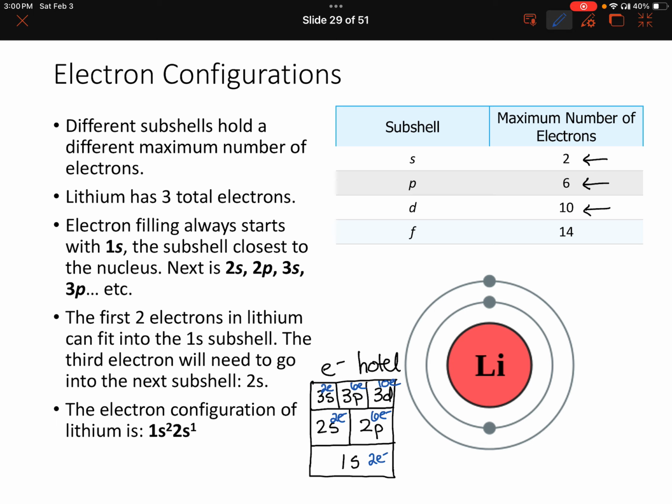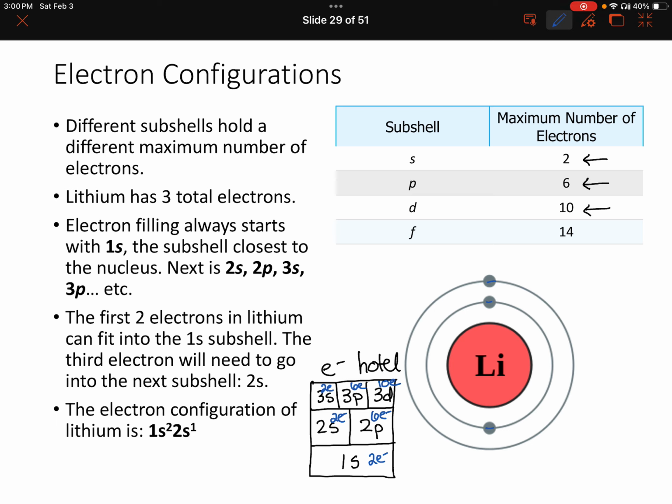All right. So now, if we know how many electrons an atom has, we can start to fill in these rooms and figure out where those electrons are existing around the nucleus. So we mentioned before with lithium, we have 3 electrons.